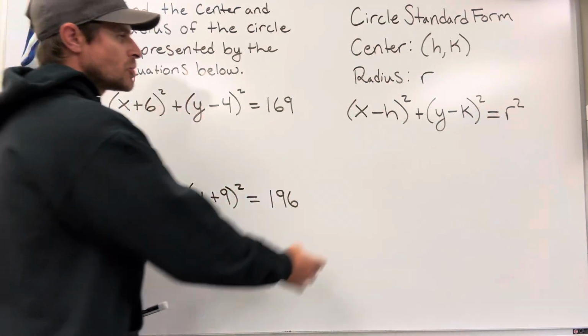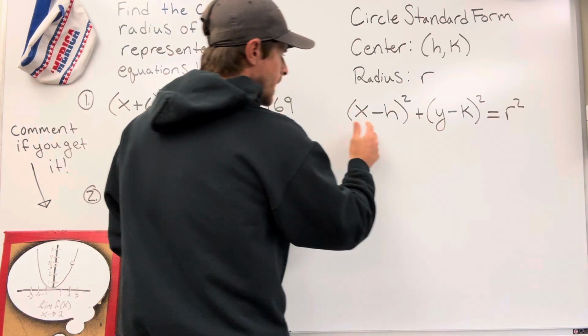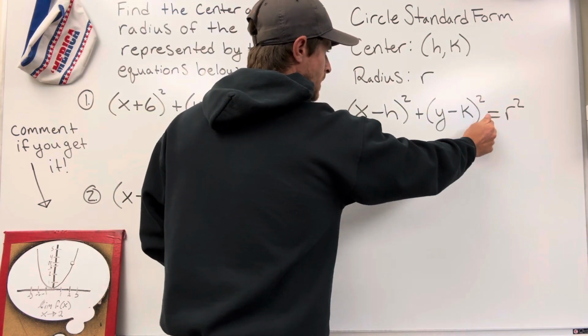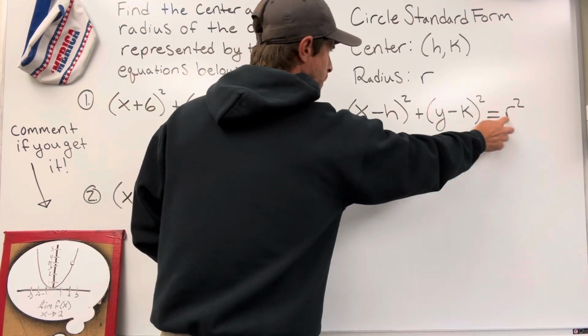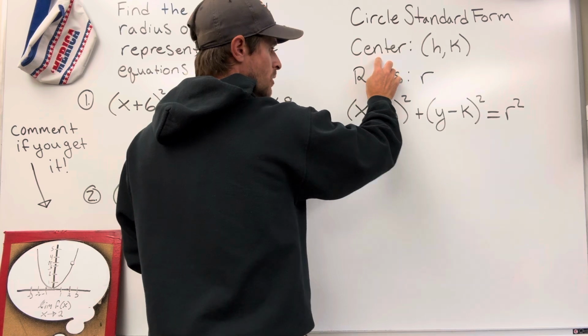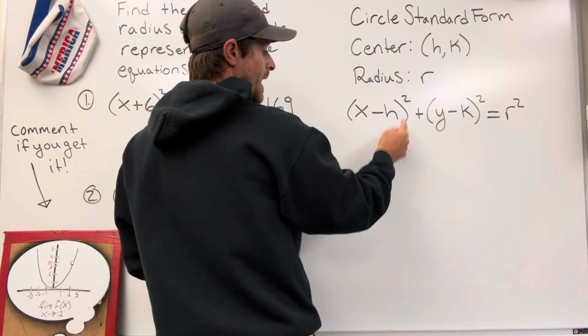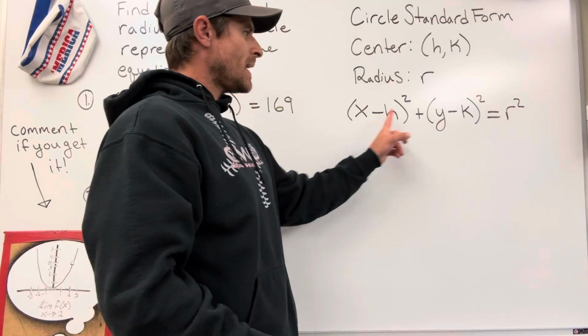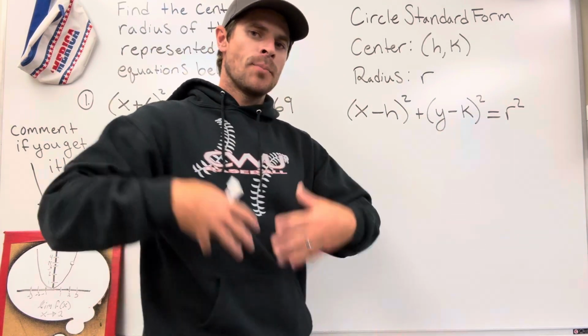All right, so here's your standard form for a circle: (x - h)² + (y - k)² = r². r is our radius, k is our y value for the center of the circle, and h is our x value for the center of the circle. So when we see minus and minus, we know that it's supposed to say that.